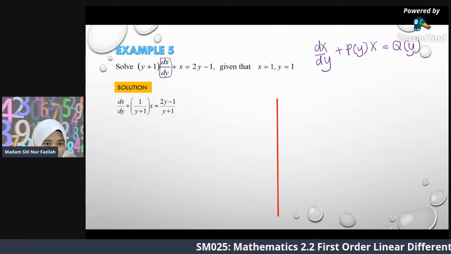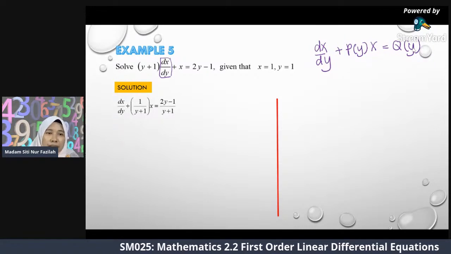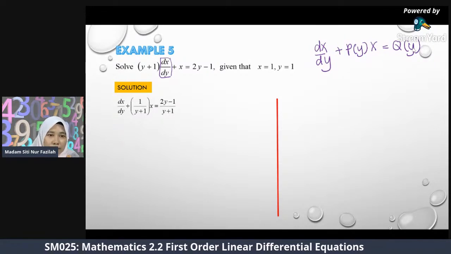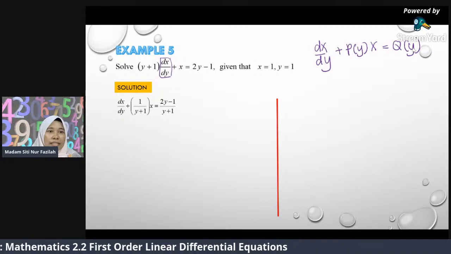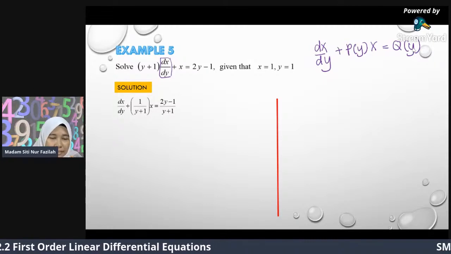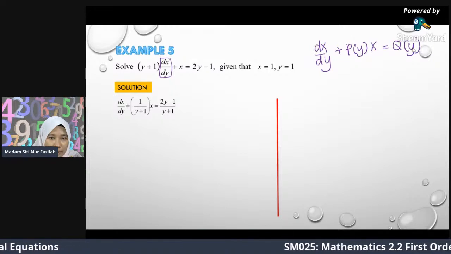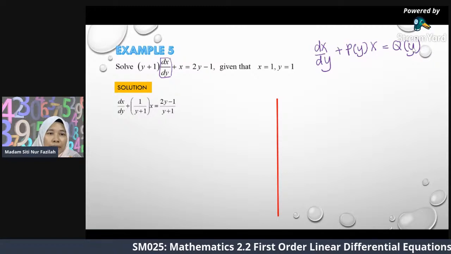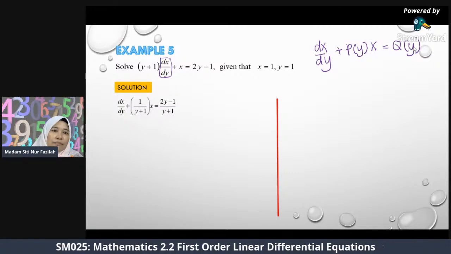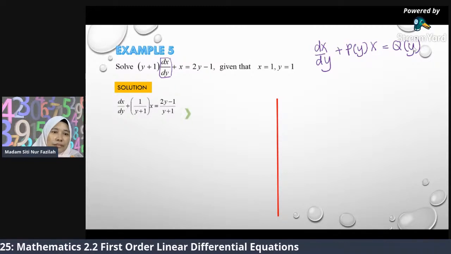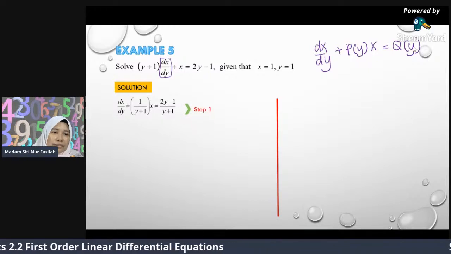For step 1, we need to divide by y + 1 on both sides. We can get dx/dy + 1/(y + 1) times x = (y - 1)/(y + 1).